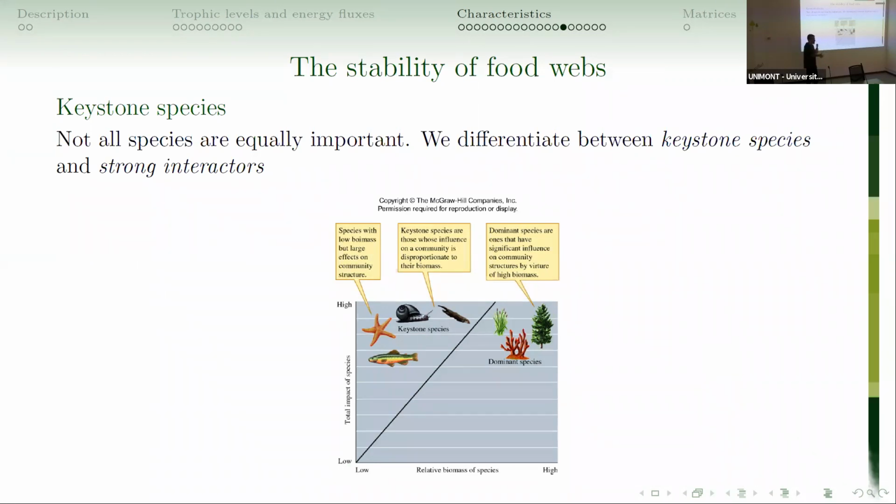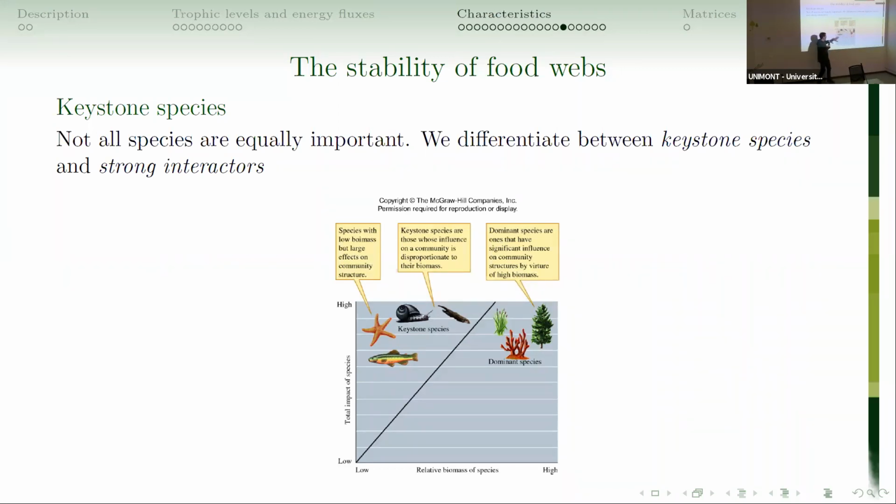But we have to differentiate keystone species from dominant species or strong interactors, right? For both types of species, the effects of their extinction result in secondary extinctions. The difference is that keystone species are not abundant, and dominant species or strong interactors are abundant.